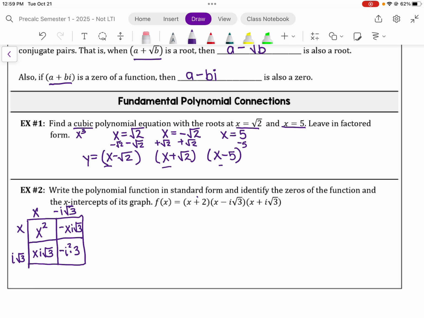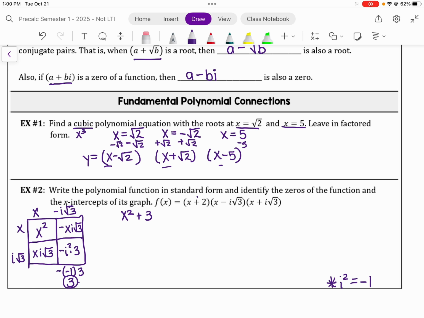Remember, this is a note from Algebra 2, that i squared equals negative 1. So I actually have negative 1 times 3, which is just positive 3 for that corner. So after all that work, I have x squared plus 3.